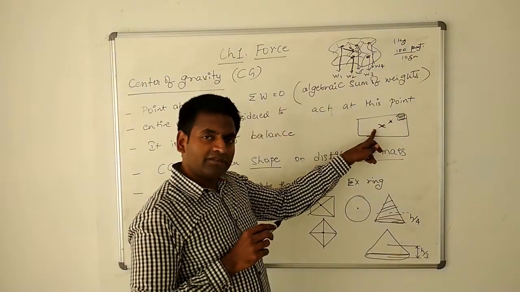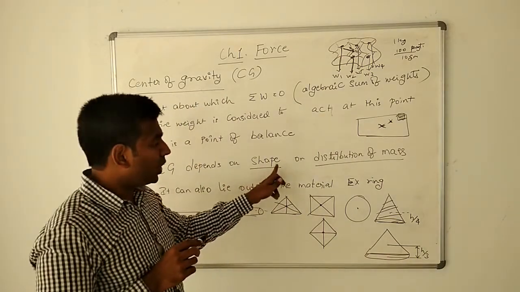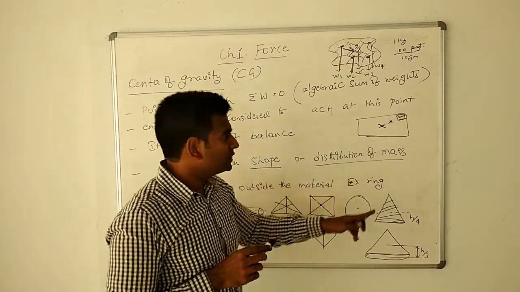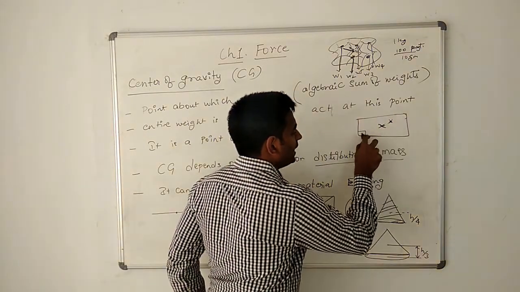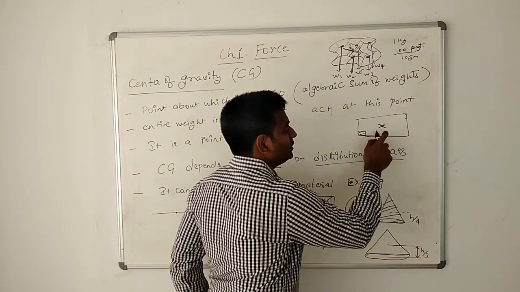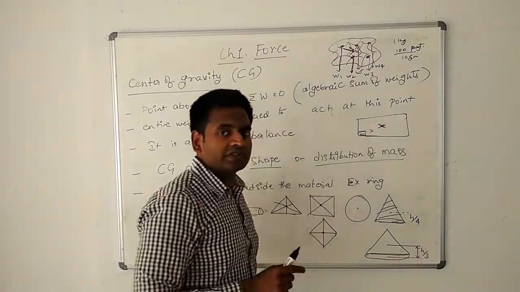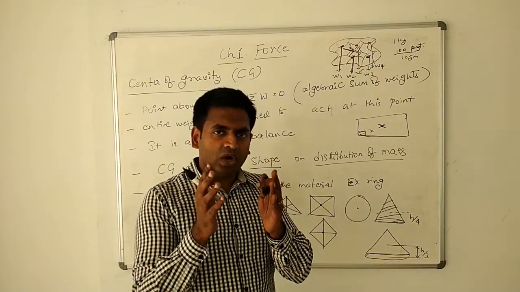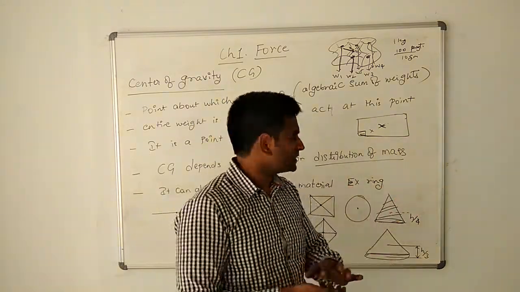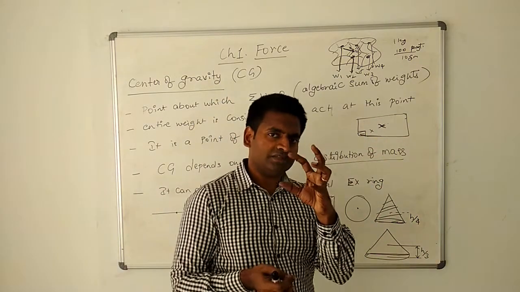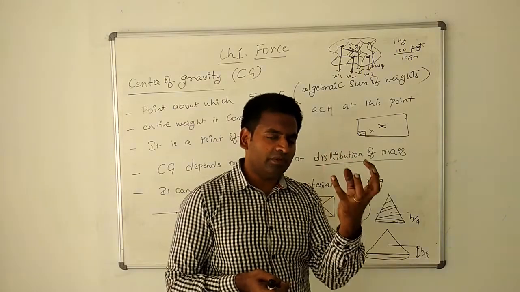So the center of gravity depends upon the shape or the distribution of the mass. If instead I add the mass here, my new center of gravity would move here. So the center of gravity is always towards the more mass. Wherever you have more mass, the center of gravity will be closer to it.